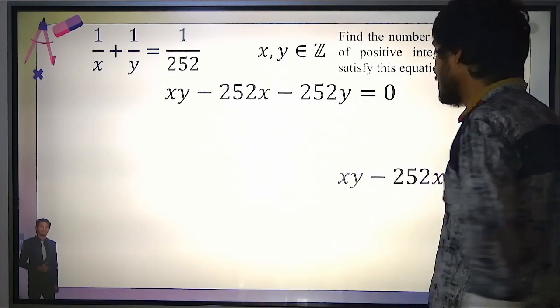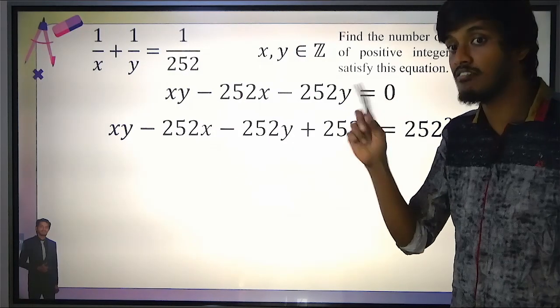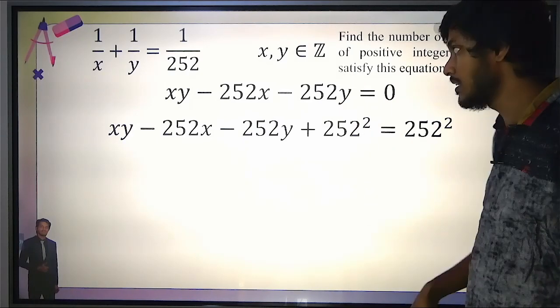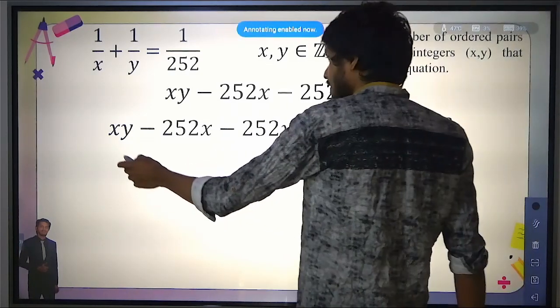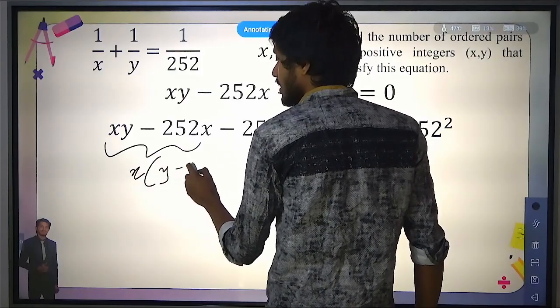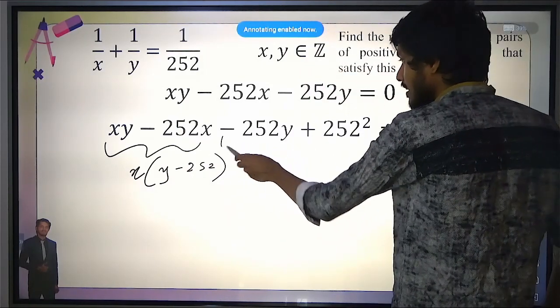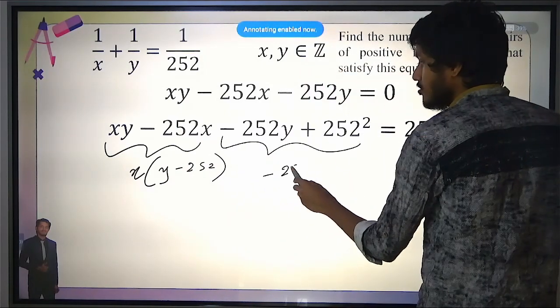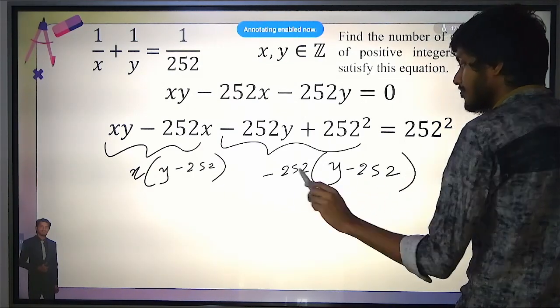I am going to add 252 squared to both sides of the equation. You will see why I have done that in a moment. Now, if I factorize x out of these two terms, I am left with y minus 252. If I factorize these two terms with minus 252, I am left with y minus 252 again.